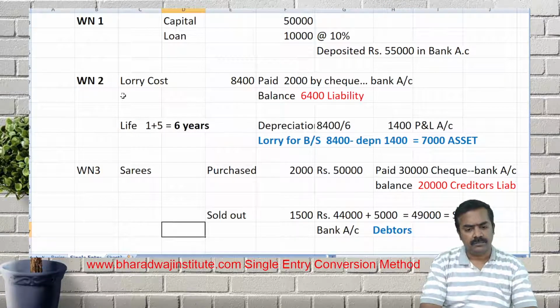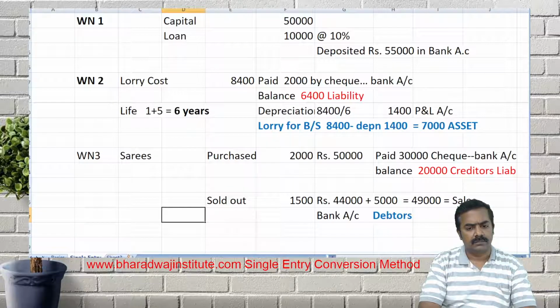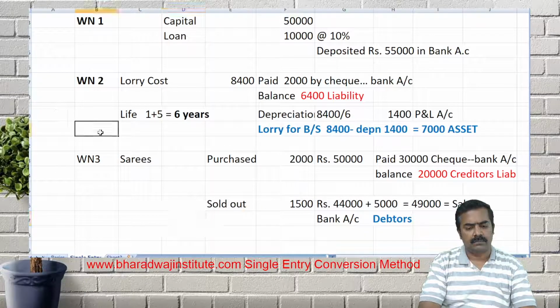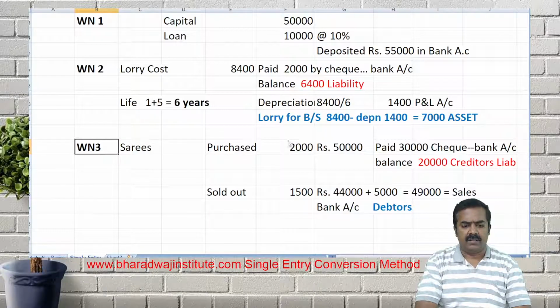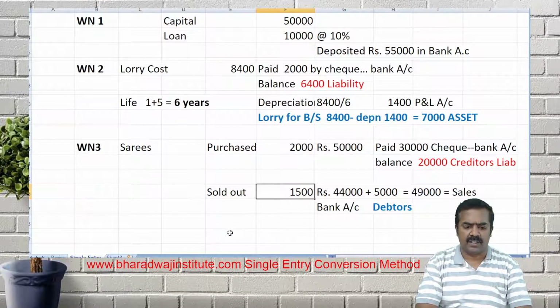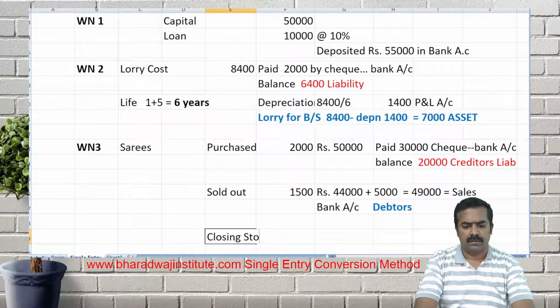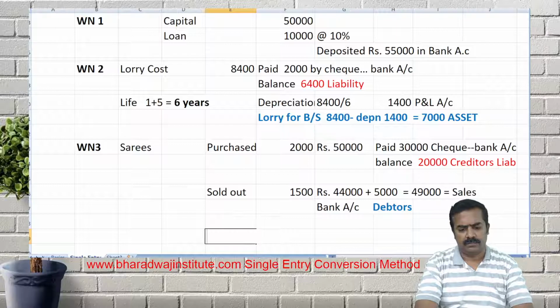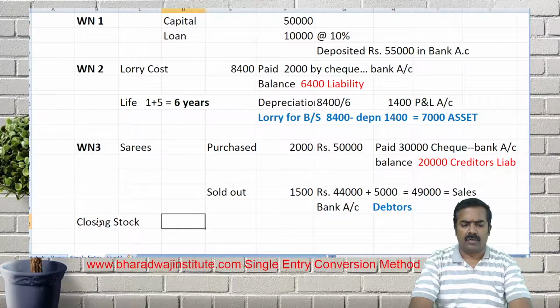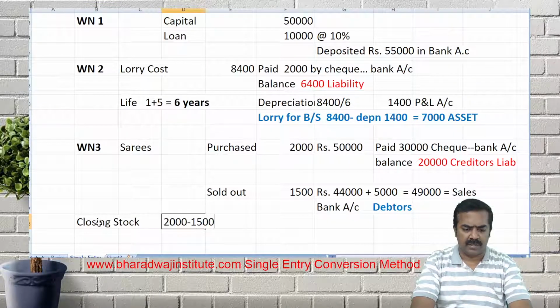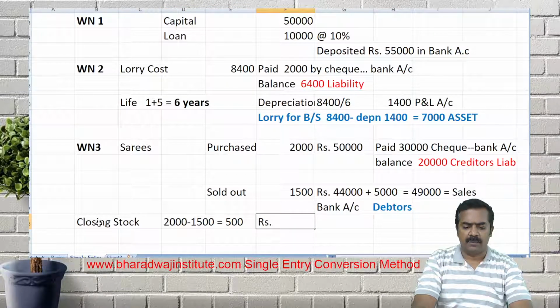Take up this. Wait, purchased is 2,000, sold out is 1,500. What will be the closing stock? We have to value the closing stock. Out of 2,000, we sold out how much? 1,500. Now closing stock is how many units? 500 units. How to value? If nothing is given, we will value based on cost.